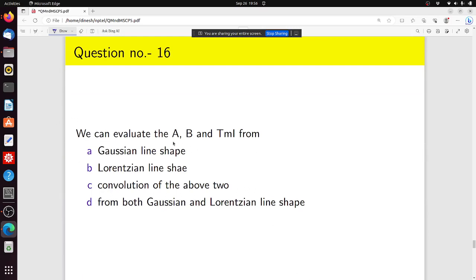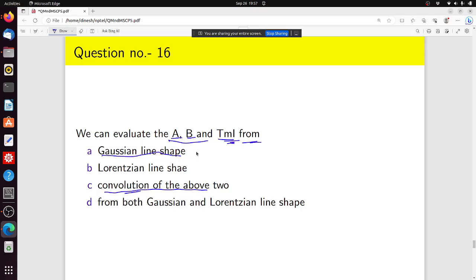We can evaluate A, B and the transition moment integral from which set? From the convolution of the both. No. So you want to calculate A, B and the transition moment integral, right? If you consider the convolution of both, then the Gaussian shape will also come there.